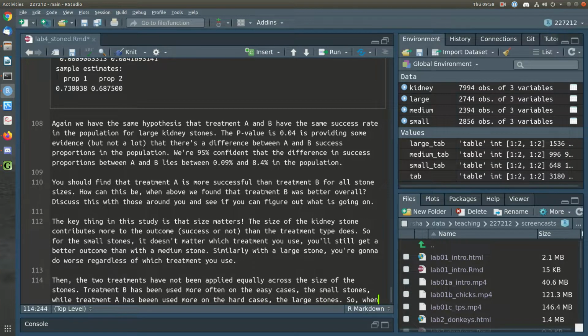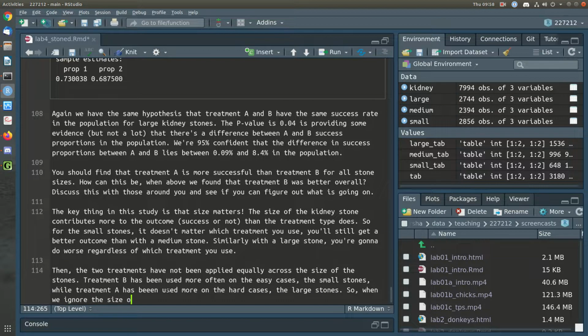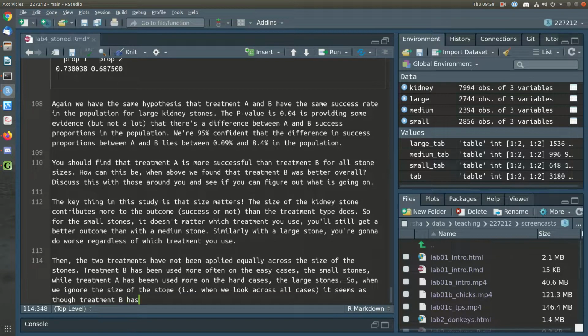So when we ignore the size of the stone, i.e. when we look across all cases, it seems as though treatment B has more success. But all that success is coming from the easy cases.